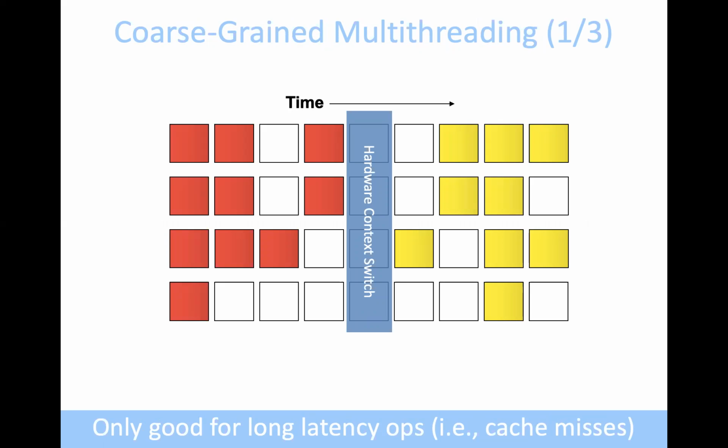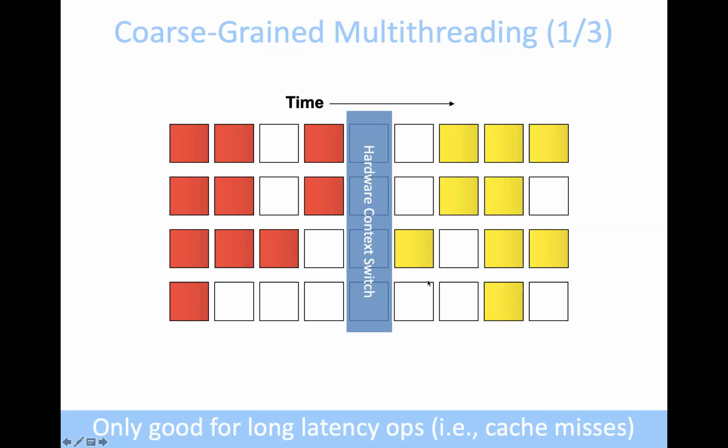So this is hardware-level context switching, right? Not OS context switching. So you could dedicate the whole processor to some task A, and then when A hits an L2 cache miss, for example, it's going to take a long time. You can switch over to running task B, right?